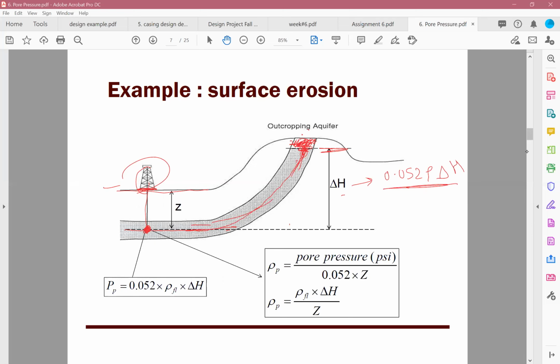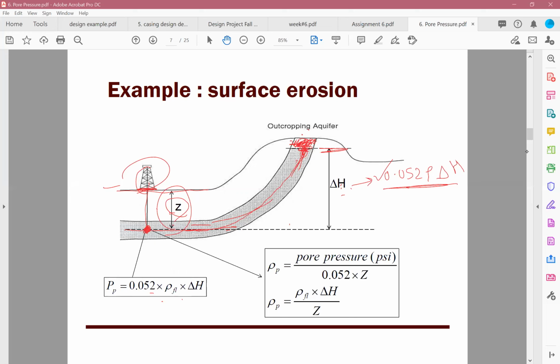But when you drill a wellbore, you think that the normal formation pressure gradient should be 0.052 multiplied by density multiplied by Z, right? Now compare delta H with Z. What happens? Delta H is much higher than Z, right? So this number, the actual formation pressure, is much higher than you expect it to be, right?